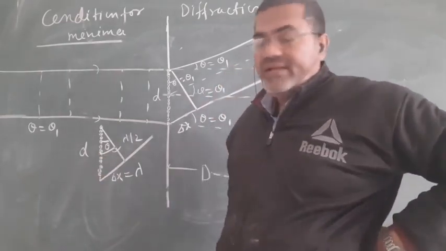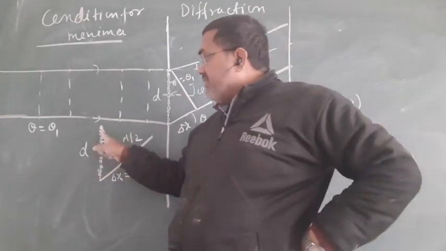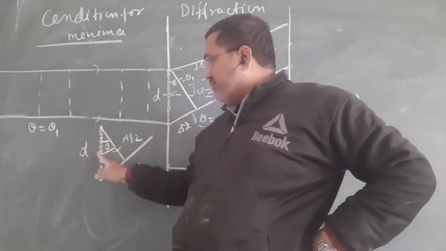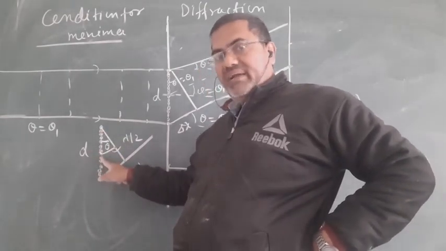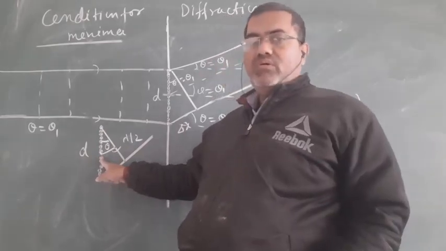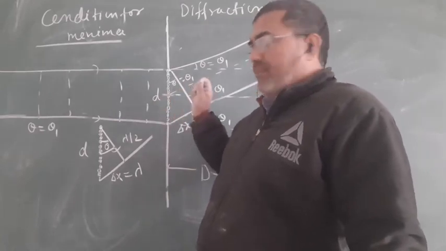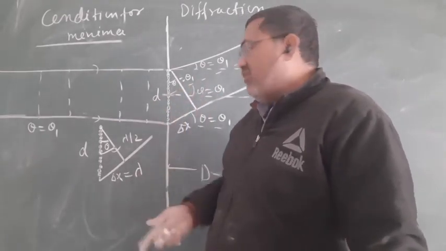So minima will be obtained. Similarly, the path difference between this particle below the top and below the middle is also lambda by 2. So these waves meet in opposite phase on the screen, and minima will be obtained.